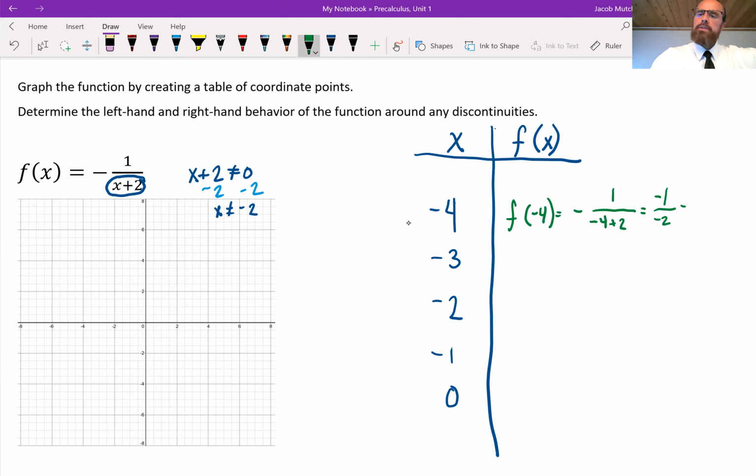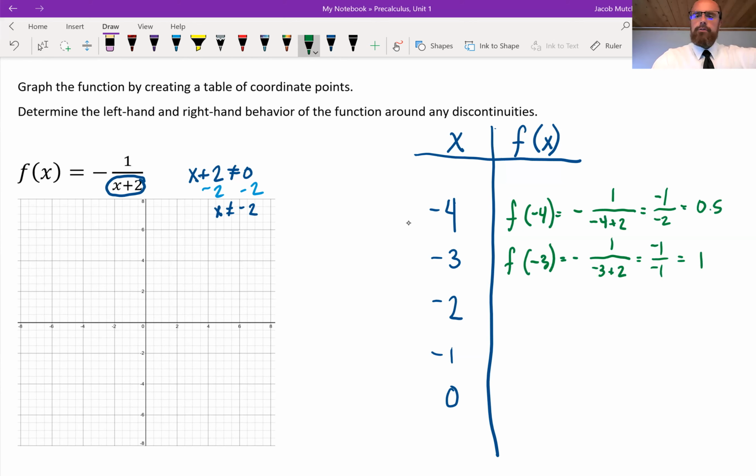That's positive half, or 0.5. f at -3 is -1 over, again, I'm putting -3 where there was x, so -3 plus 2 in the denominator, and that simplifies to -1 over -3 plus 2 is -1, or just 1.